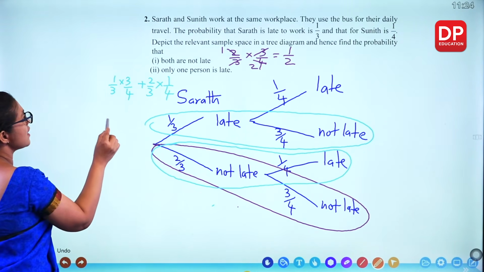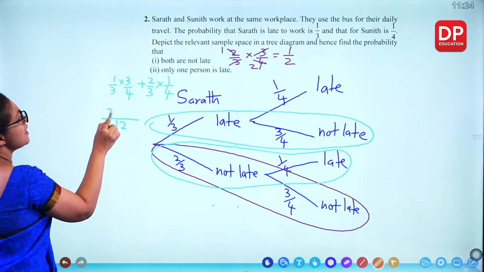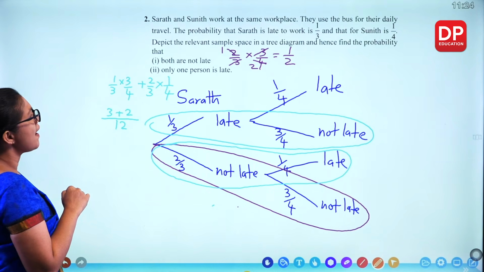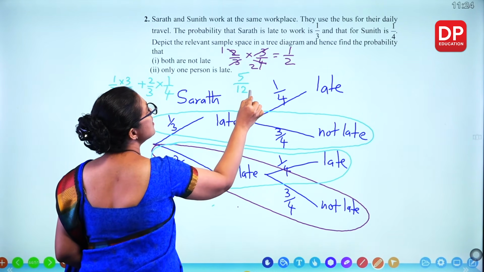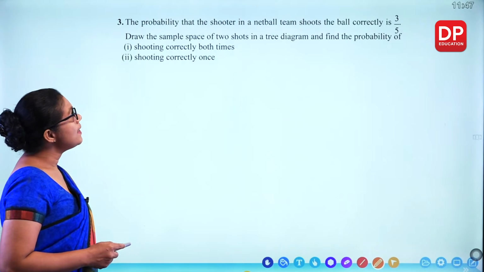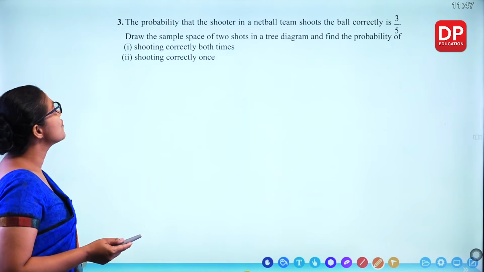So I can take 12 as the common denominator. This one is 3 and this one is 2. 3 plus 2 is 5. So the answer is 5/12.